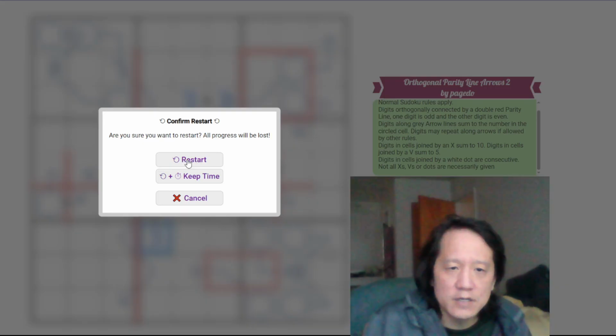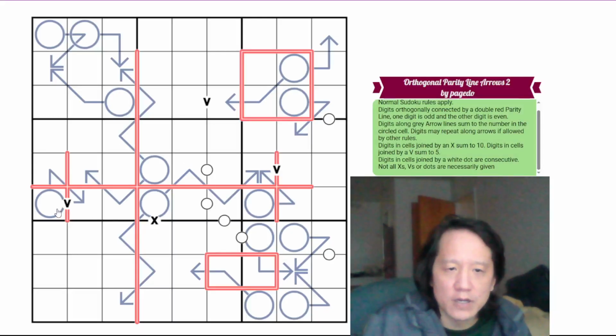Let's go. Okay, we have something with a V, which is the sum of the other two digits. This cannot be 2 or 1, so this must be 3 or 4 here.